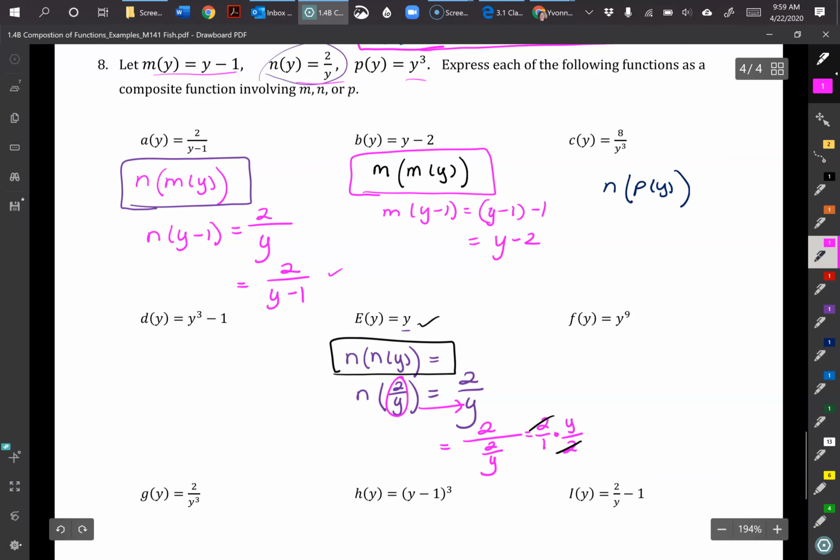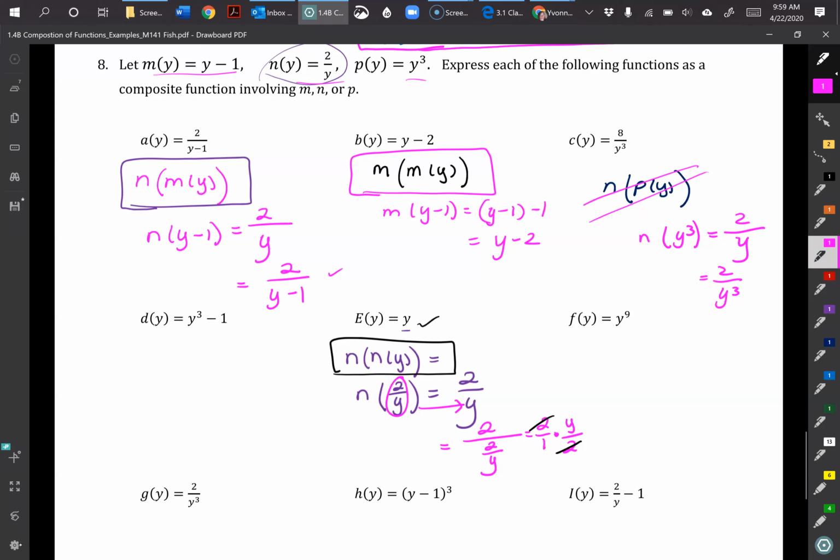So we would check that as n of y cubed, with 2 over y as my outer function. Oh, but look what happens here. That only gives me 2 over y cubed, not the 8. So I'm going to try to reverse those around and see how that goes.